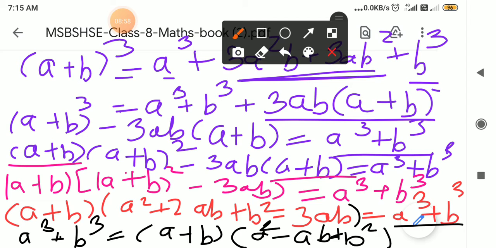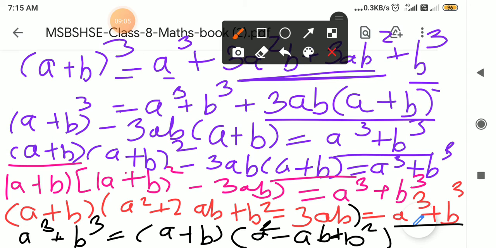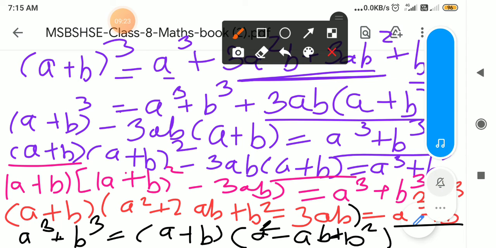These steps are given for you to show how the formula is derived; they are the derivation terms. The same terms are there in the textbook. The space problem is there on this screen, so copy it from page number 30 of our textbook. Now we will use this formula for factorization.